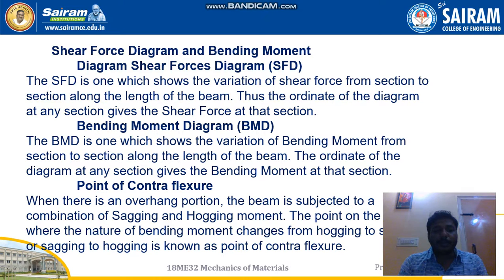This does not appear in all beams; it depends upon the type of the beam where the point of contraflexure will be generated. Whenever the sign changes, we consider that point as a point of contraflexure.